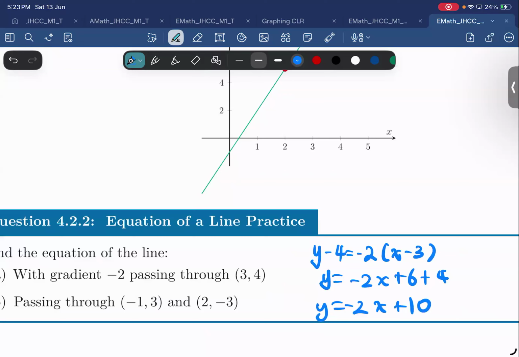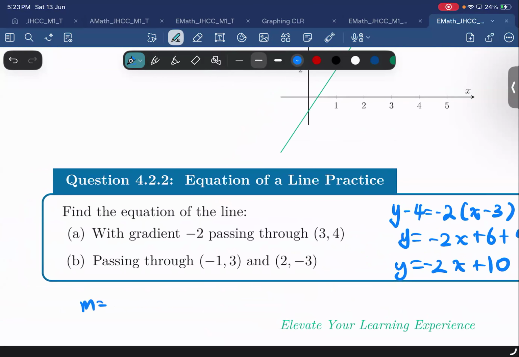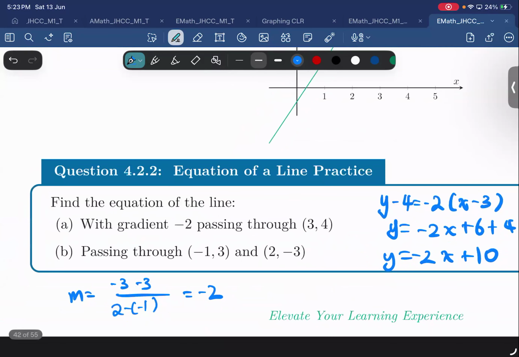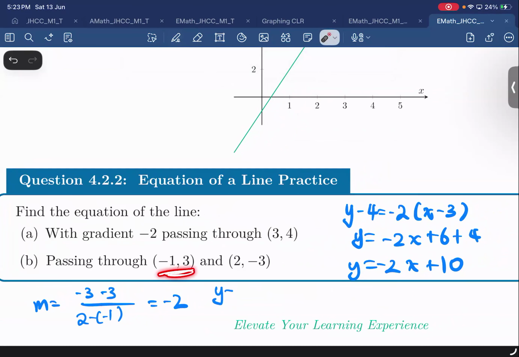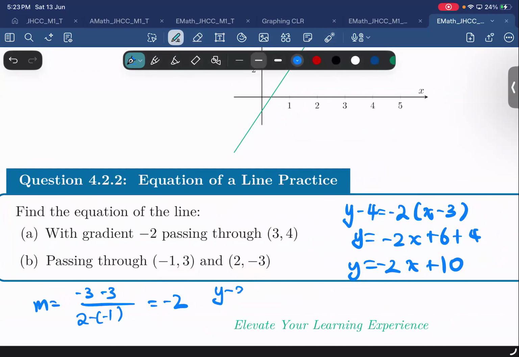The second one, we need to find the gradient first. This is 2 minus minus 1, so it's minus 6 divided by 3, which is minus 2. Then we use the point gradient formula. So y minus, I'll use this one, you can use this one also, it doesn't really matter. m is minus 2, x minus x1, x plus 1.